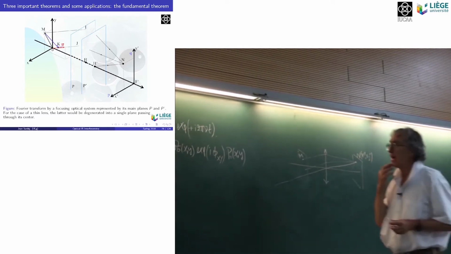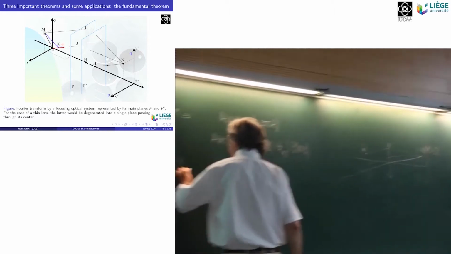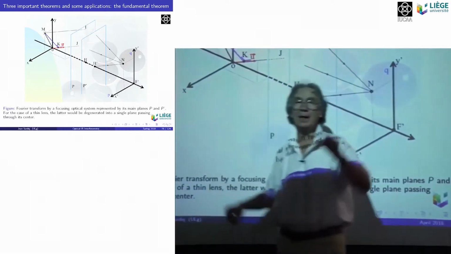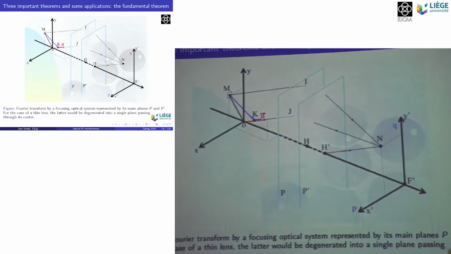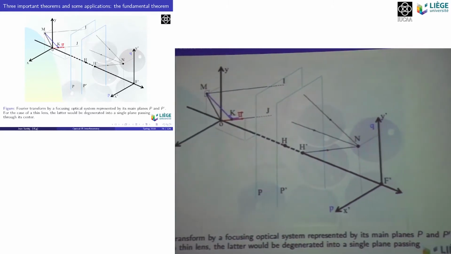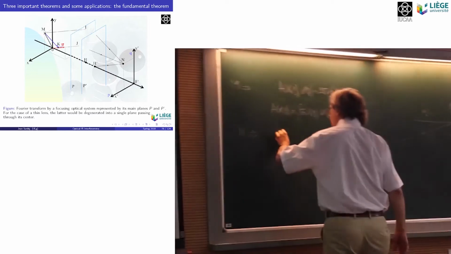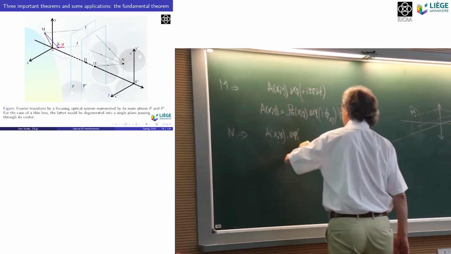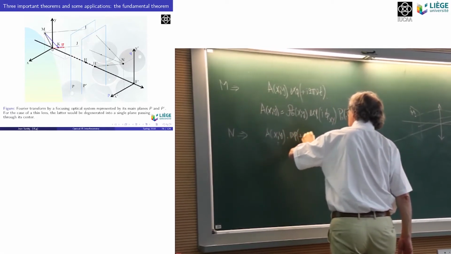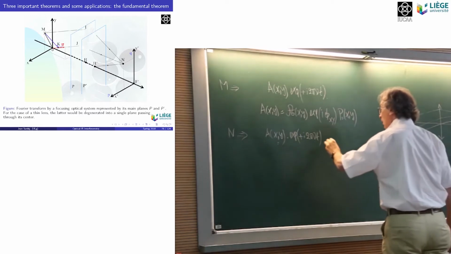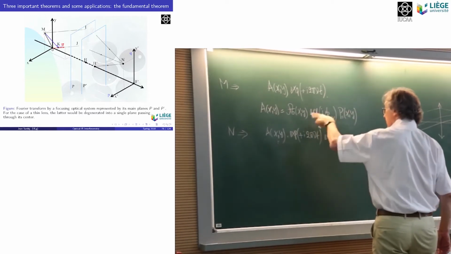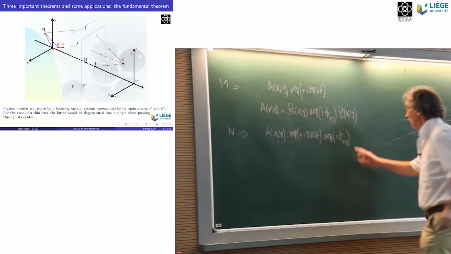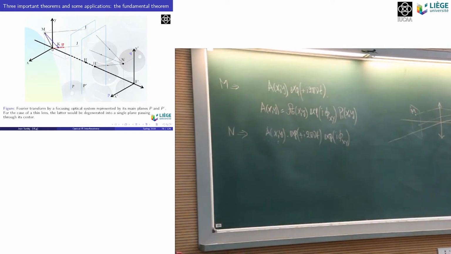I may say now that at the point N, the contribution coming from the point M and from a small surface area dx dy in the pupil plane will be A(x,y) multiplied by exponential of plus i 2 pi nu t, and multiplied by this factor exponential i phi(x,y), which accounts for a phase retardation.